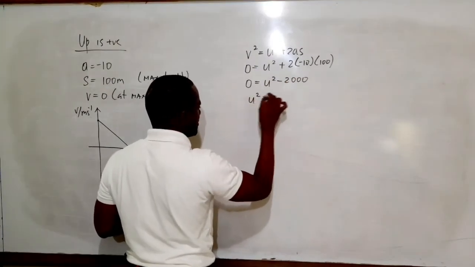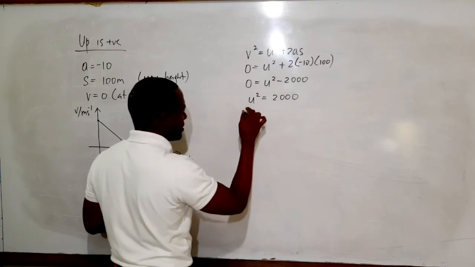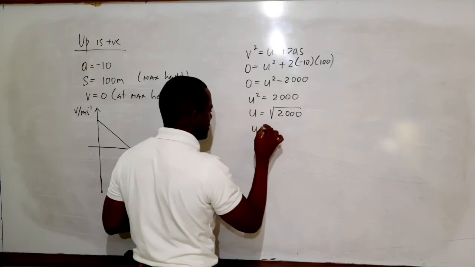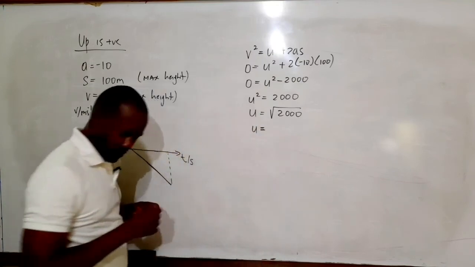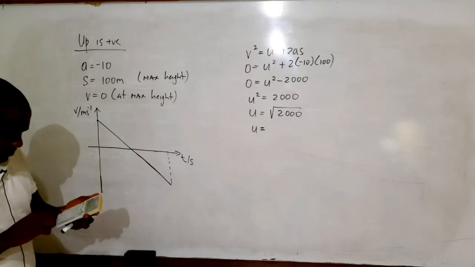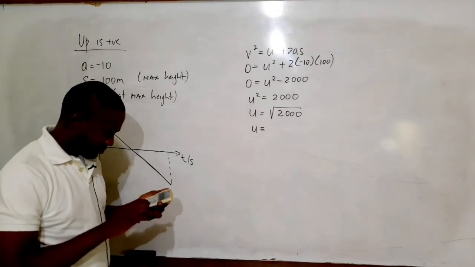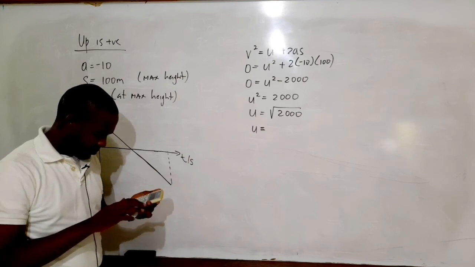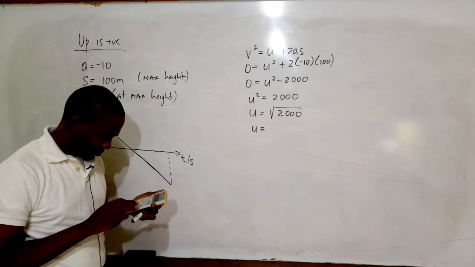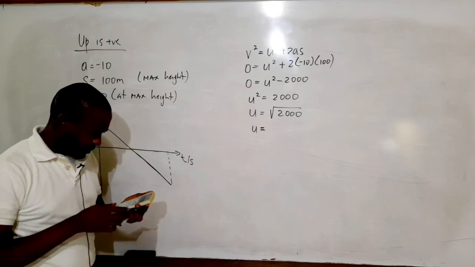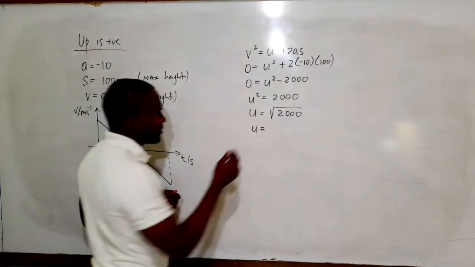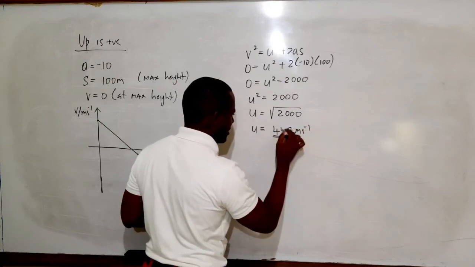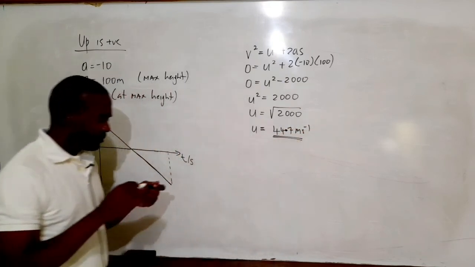U squared is equal to 2000, which means that U is equal to the square root of 2000. That gives us 44.7 meters per second. So the initial velocity is 44.7 meters per second.